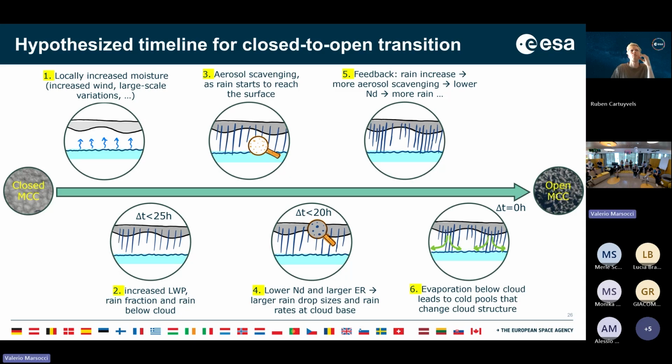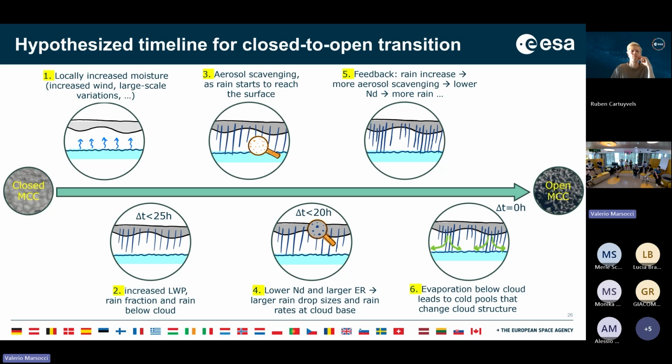And then in the end, what might lead to the transition, for the dynamics of clouds to change, is the evaporation below clouds. So when we have a lot of rain and a large part of that evaporates, it cools the air a lot, which leads to sinking air, which when it hits the surface, spreads out.